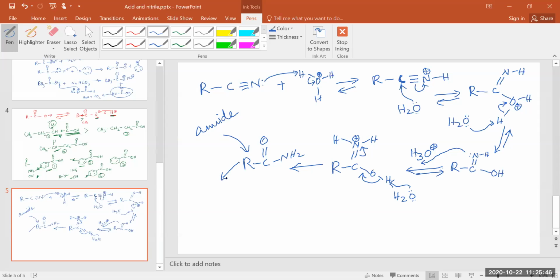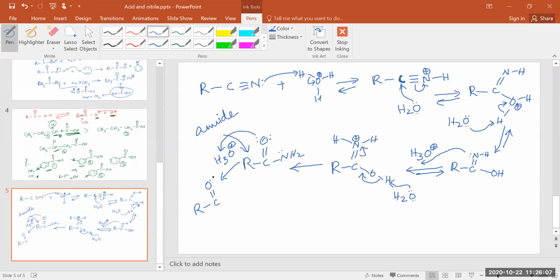Again, reaction with the acid. Now this, you have nitrogen lone pair, oxygen lone pair. So both of them can react, but oxygen will get protonated.